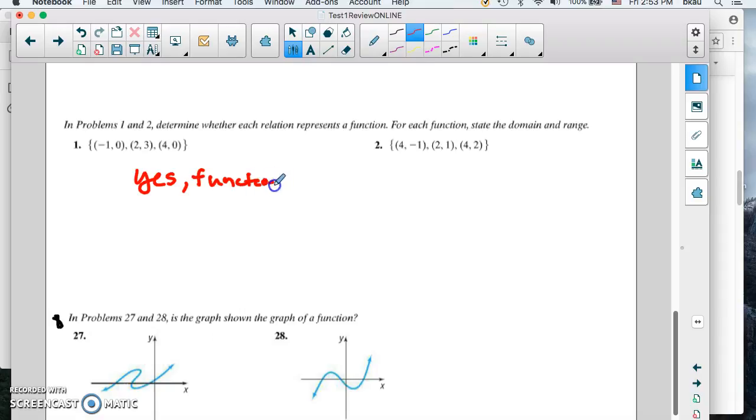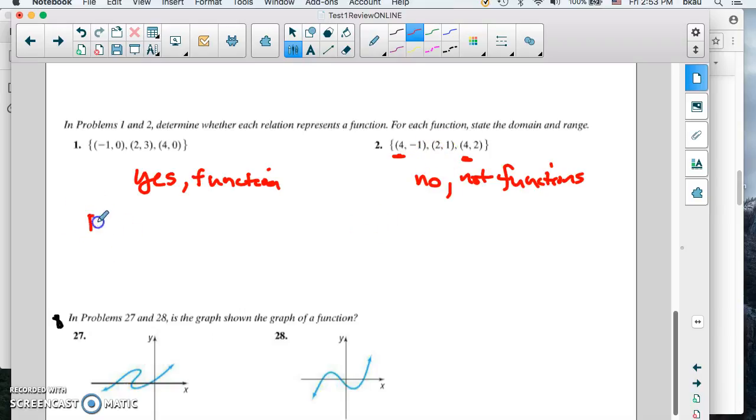Okay, hopefully the next one will be a no, and this one is a no because of the 4 here. 4 is assigned two values. 4 is assigned to be -1 and 4 is assigned to be 2. So there's not a function here because there are two answers for 4.